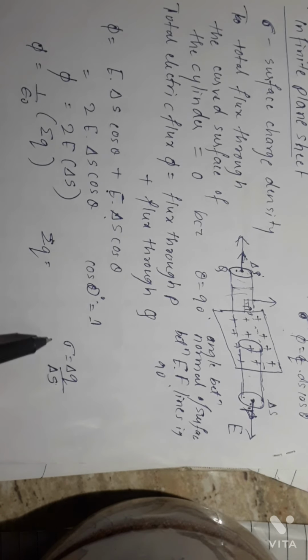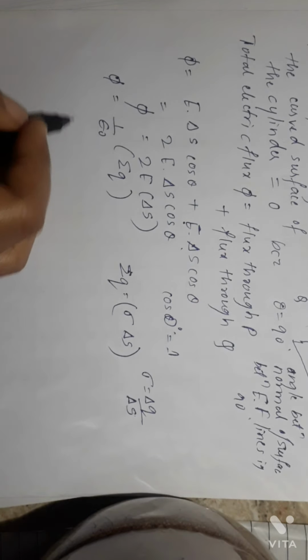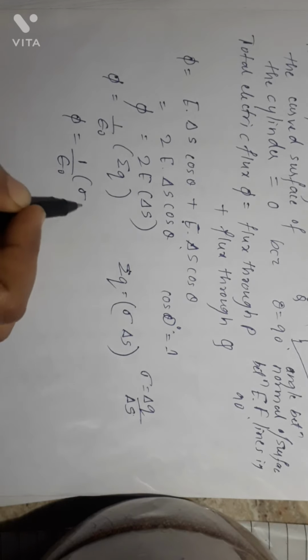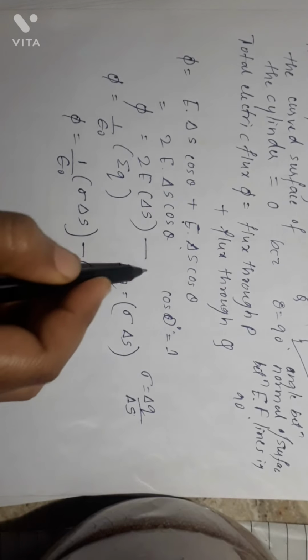So then we get Q is equal to sigma into delta S. Putting this equation here, we get phi is equal to 1 by epsilon naught sigma into delta S. This is equation 2 and this is equation 1.